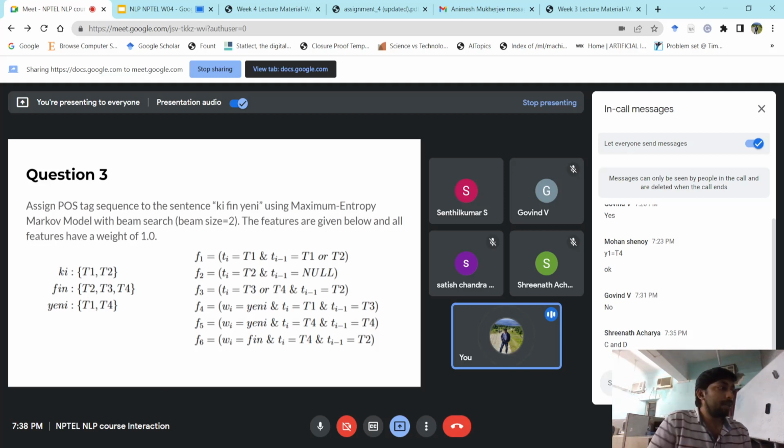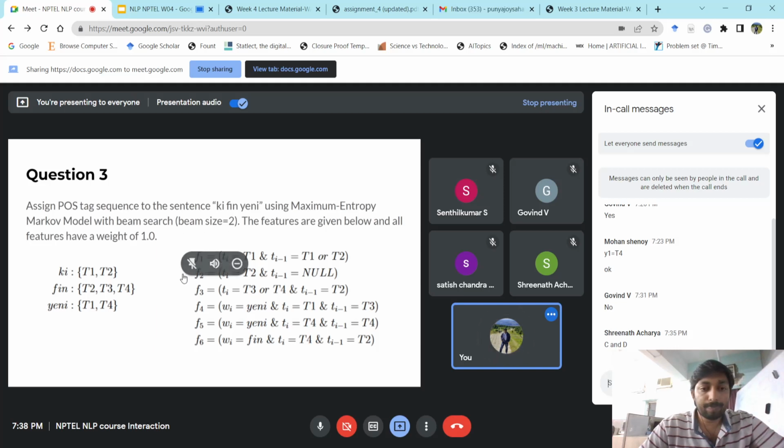So now we can understand what maximum entropy is. We are trying to model the uncertainty in a Markov model. And beam search is a search algorithm, which we will see in a bit. Beam size equal to 2. And the features are given below.